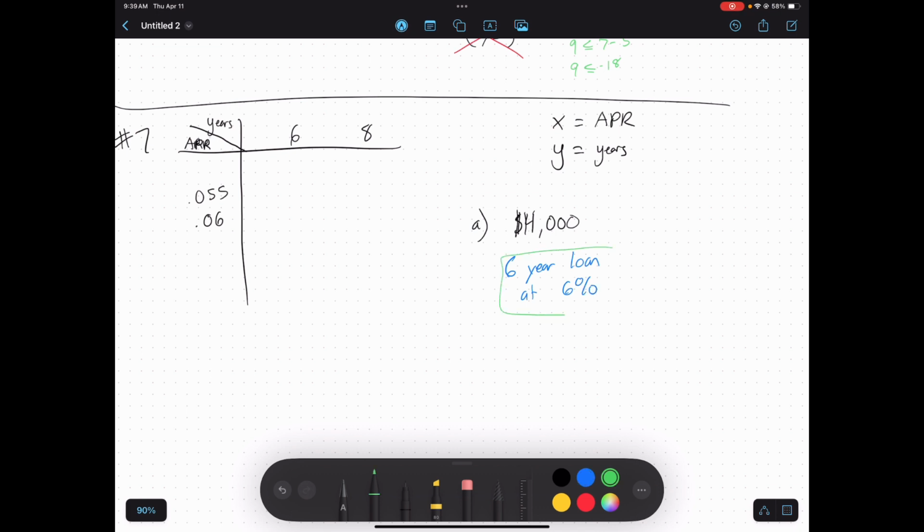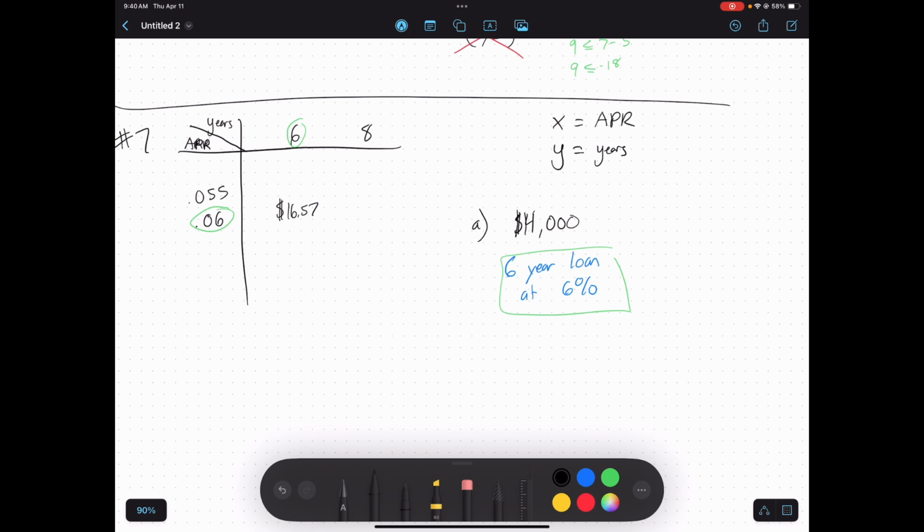In order to use my table, I need my time period and my interest rate. So 6 years at 6%, and if I look at my table, I have $16.57.